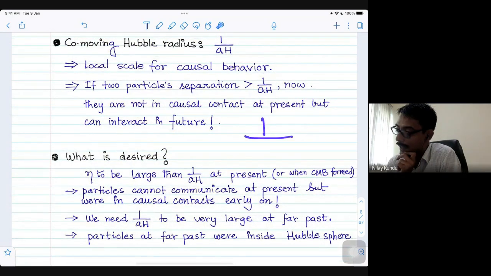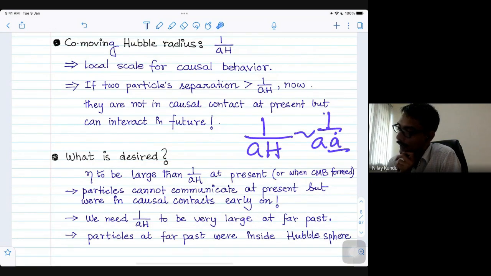So this 1 over AH is roughly 1 over A dot by A. So A cancels. So this is like dt over dA.